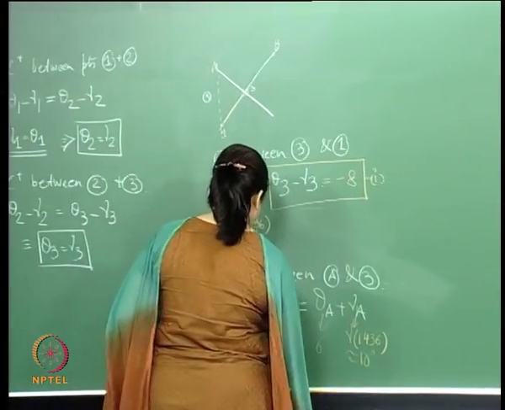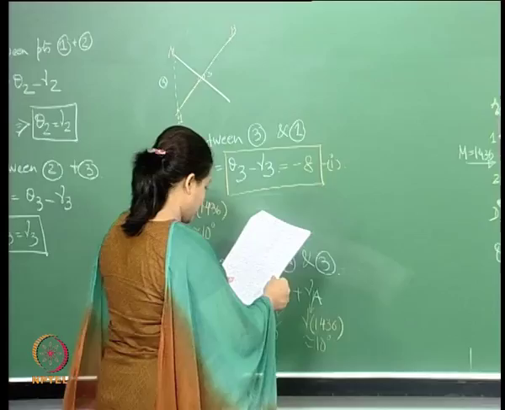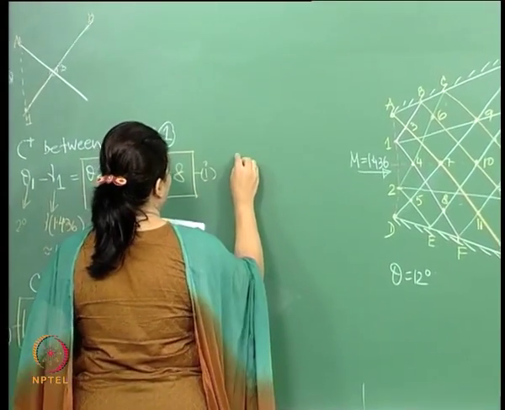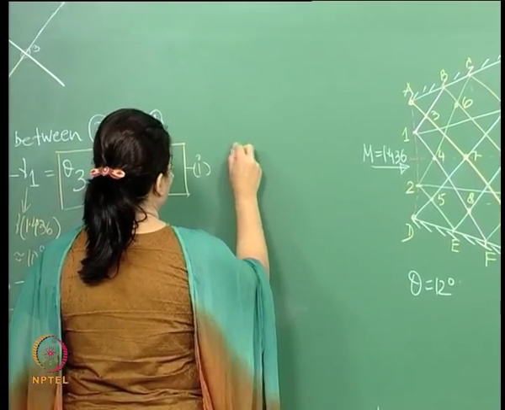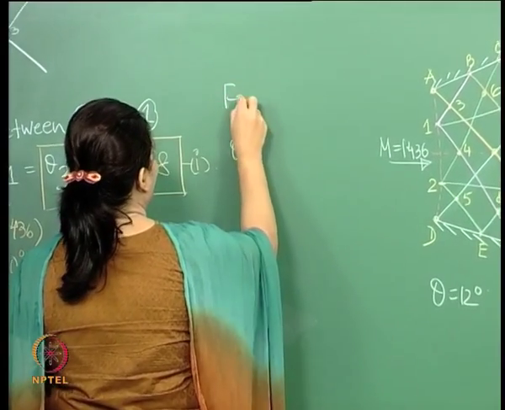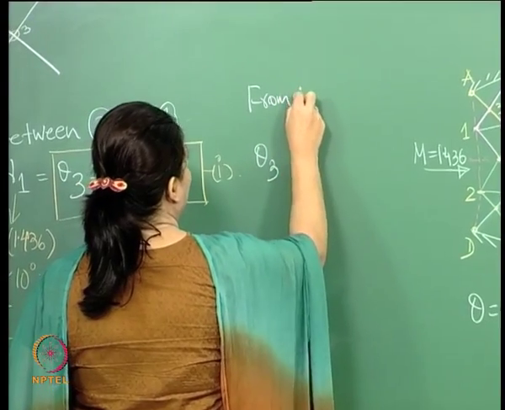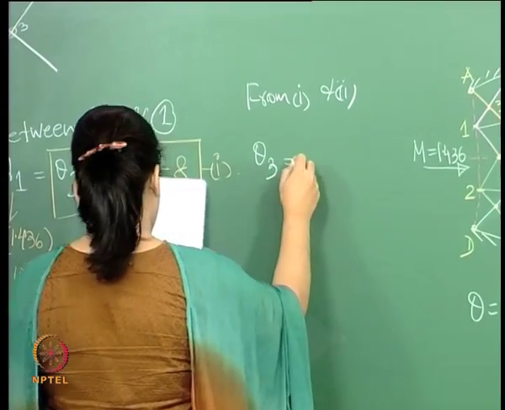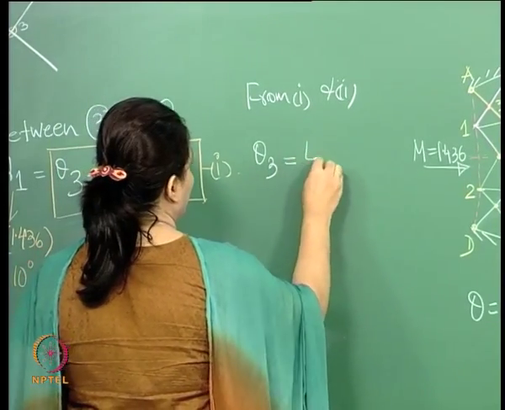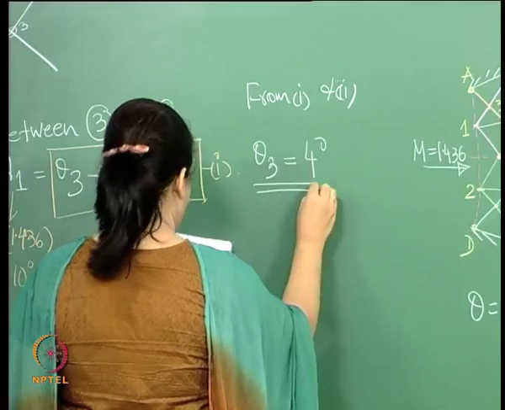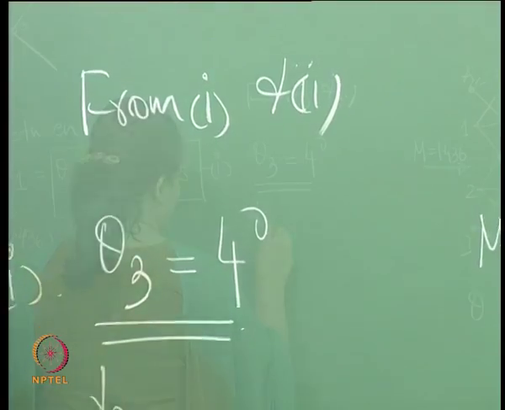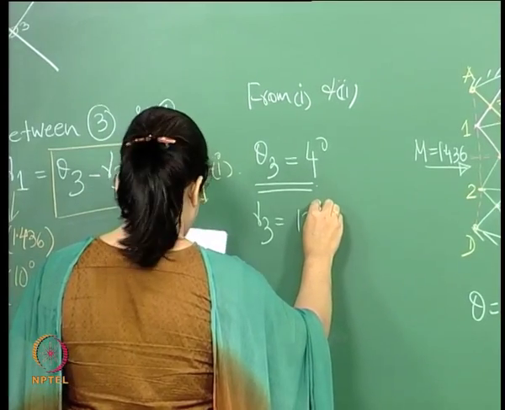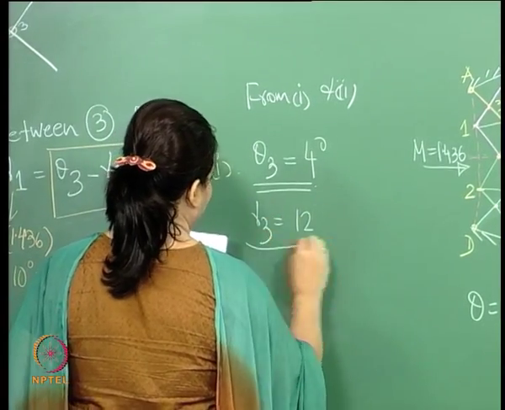If you do that, theta 3 is equal to 4 degrees, and mu 3 is equal to 12.